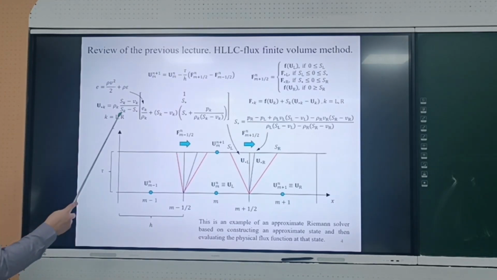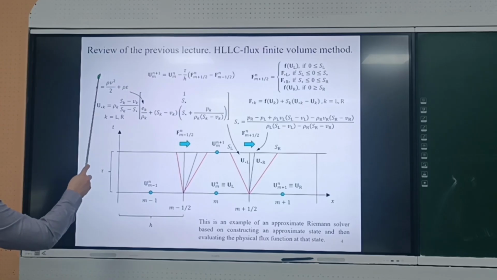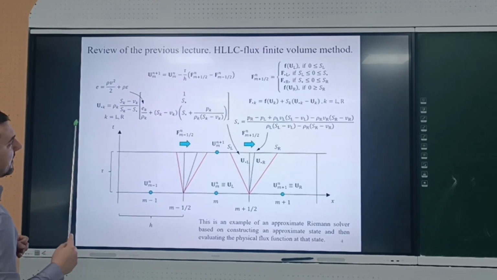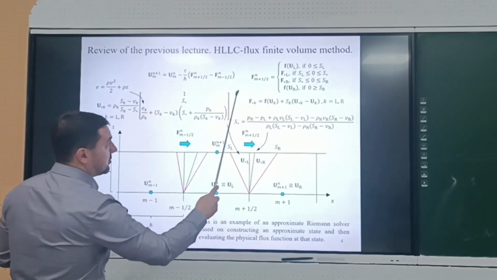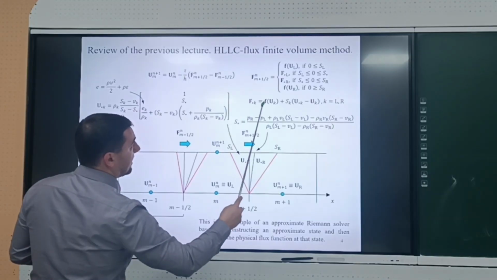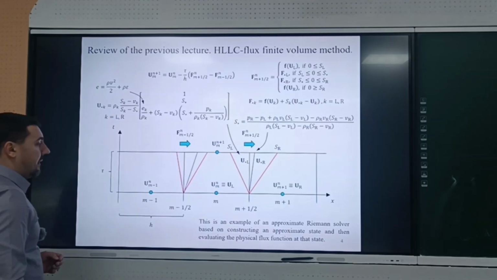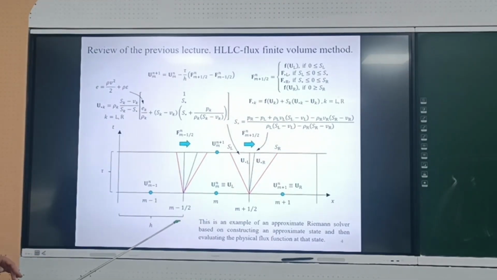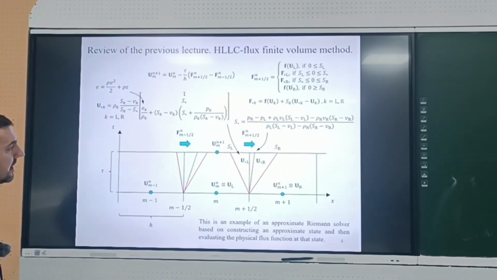Within the scope of this lecture, E will be used for total energy, not per unit of mass, but per unit of volume. And then if you know these U star states, it's possible to define the F star K fluxes for this case and for this case. So this is an example of an approximate Riemann solver based on constructing an approximate state and then evaluating the physical flux function at this state.